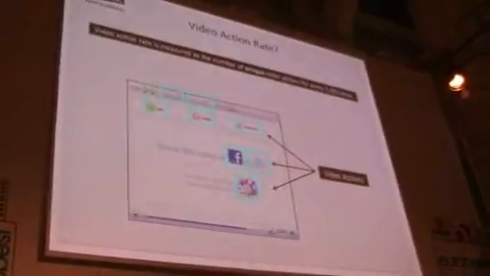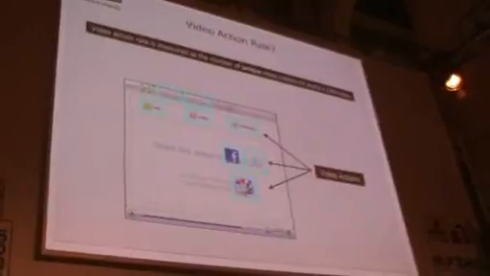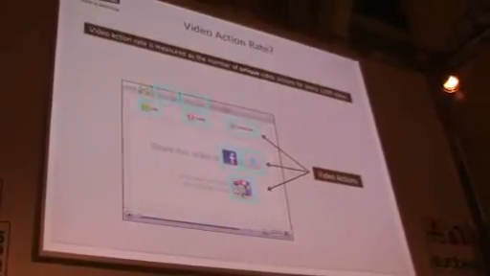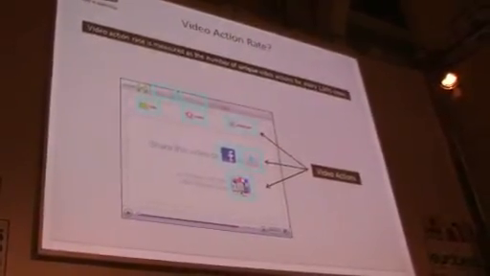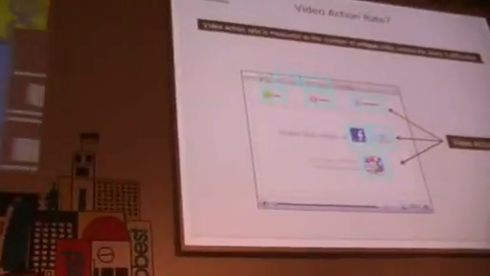Video action rate means basically that not only are consumers watching your video, but they're actually doing more than watching your video. So are they sharing it? Are they rating it? Those kind of things. Are they buzzing about it? And of course, the way to do that is to implement the social bookmarks, but do it in a clever way.